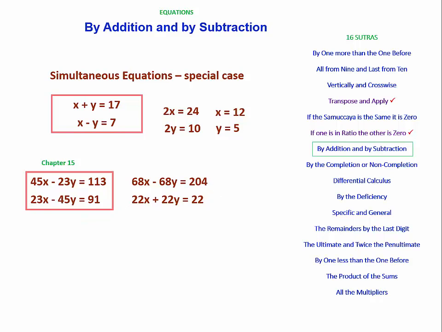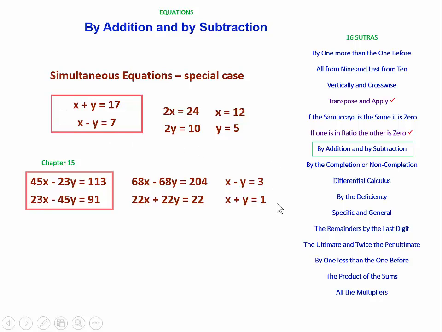If we divide the first one through by 68, we get x minus y equals 3. If we divide the second one there by 22, we get x plus y equals 1. And if we see, we've got a pair of equations similar to what we had up here, and so we can apply the addition and subtraction method a second time.